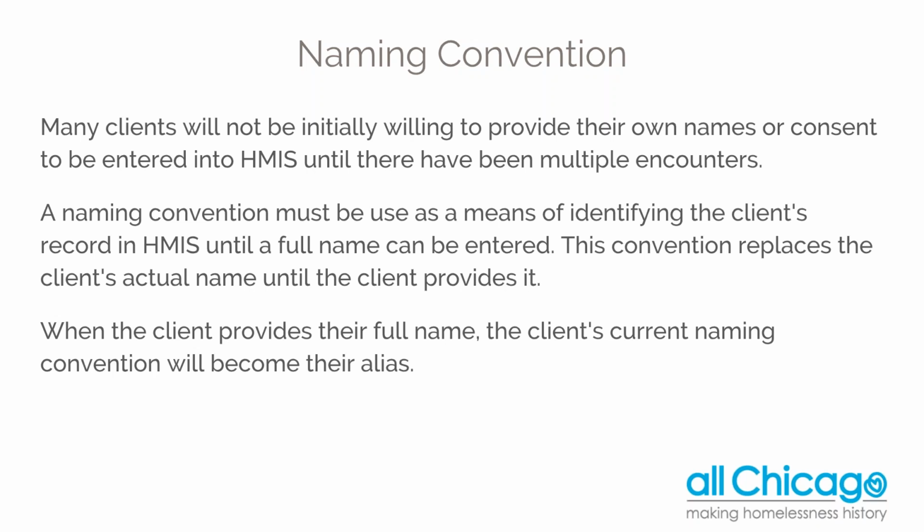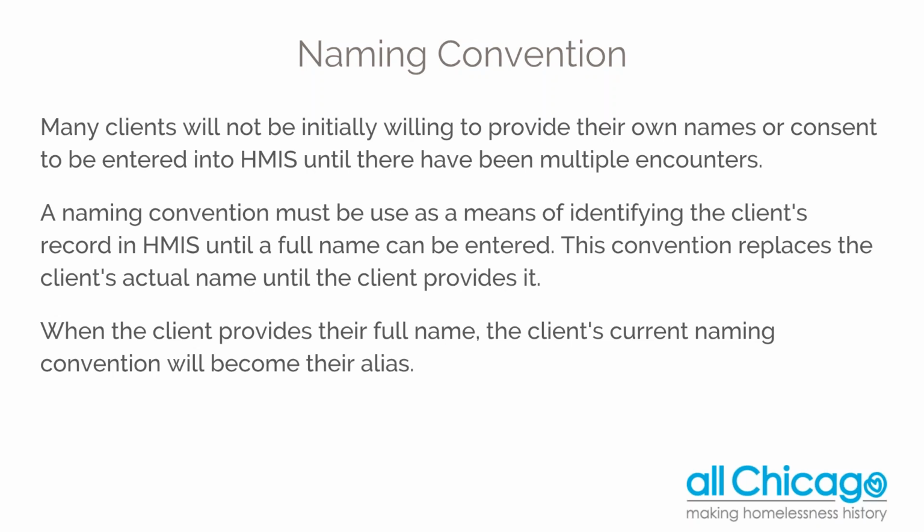It's also really important because this will eventually lead us to be able to find them later on, right? It builds a history for this client in the system that may not have been there if you did not use this naming convention. So the first time you encounter someone, just keep in mind that you will probably be entering them into your project once you get back to the office or whenever you do your data entry.